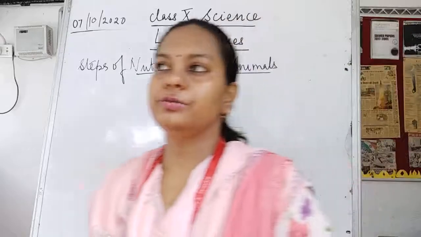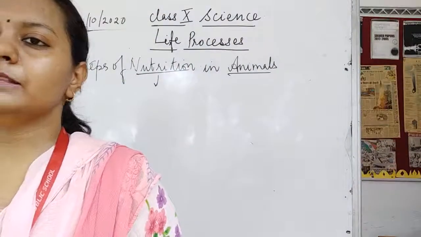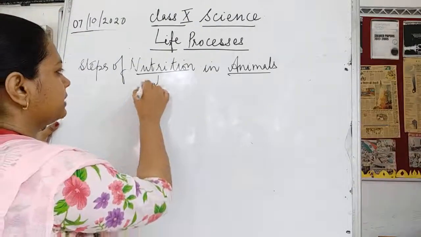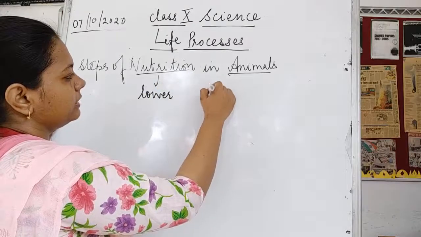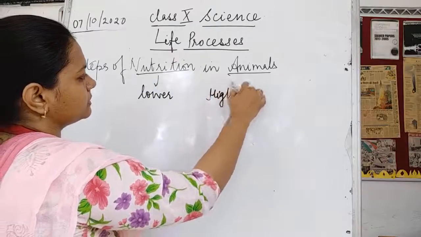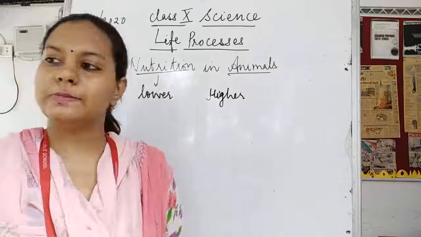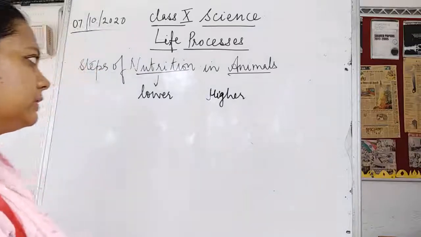As I told you, the animals could be of two types: the lower organisms and the higher organisms. Now children, if we talk about the lower organisms and higher organisms, the steps of nutrition remain the same.